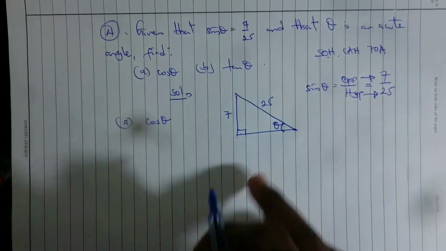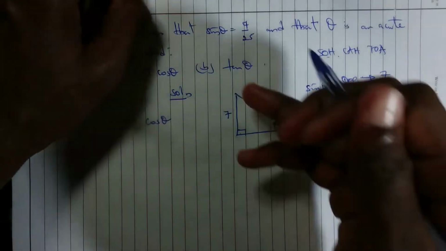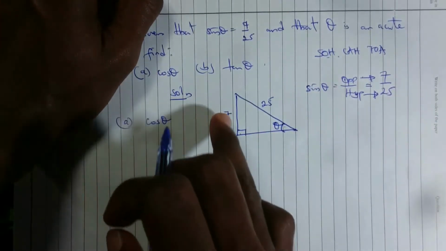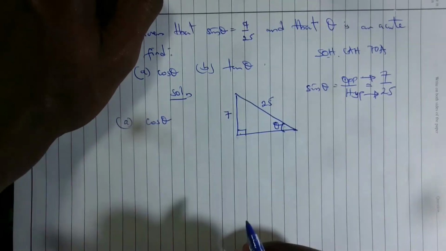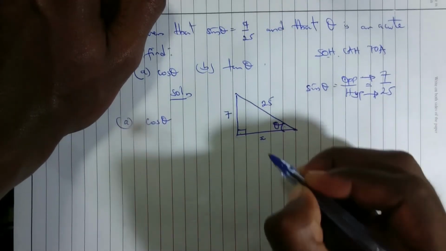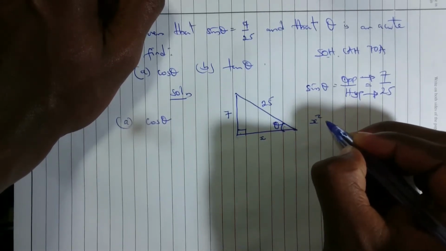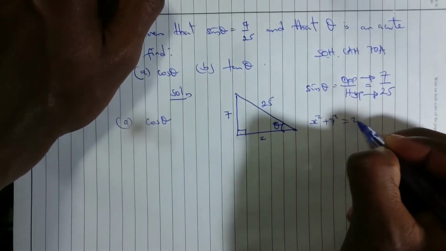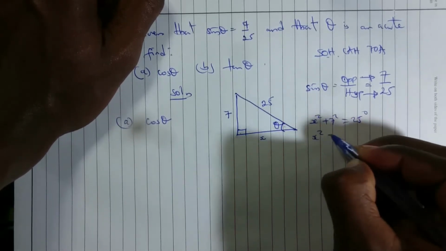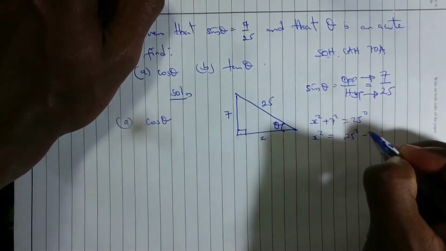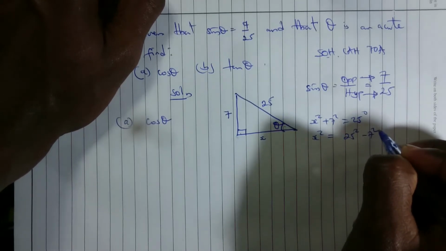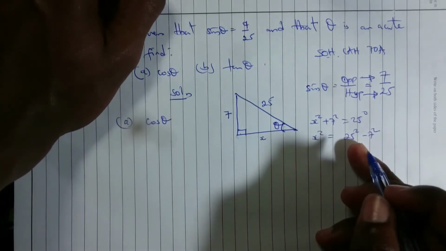Okay, so how do we get our adjacent? We use Pythagoras theorem that hypotenuse squared is the same as this side squared plus this side also squared. So let's give that x. Our x squared plus 7 squared will be 25 squared. Our x squared will be 25 squared minus 7 squared. 25 squared, you know, is 625.